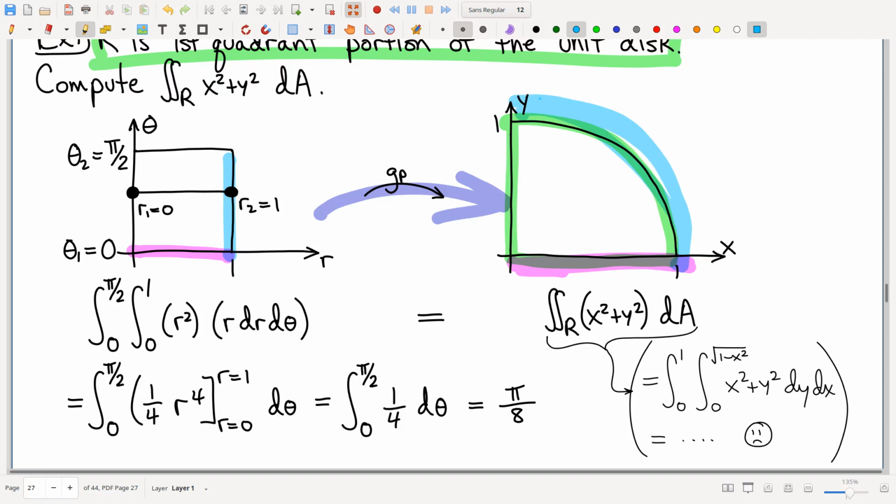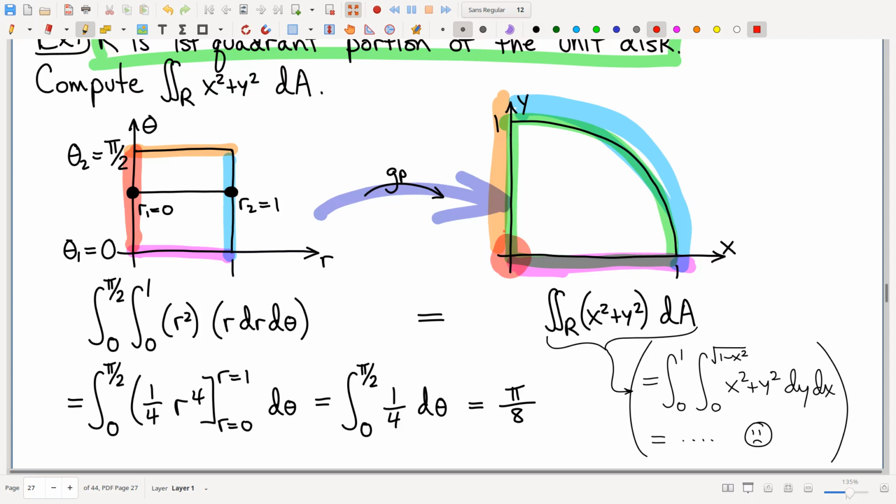And then off we go, continuing. This edge is that. And then the last one is a little bit tricky, a little bit weird. On this edge here, theta goes from 0 to pi over 2 with r equal to 0 everywhere on that edge. That means all of those points go over here to where r equals 0, namely the origin.